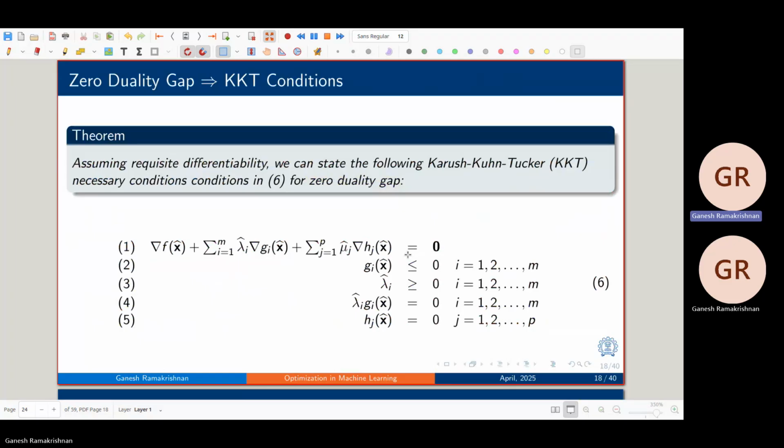So these are basically our Karush-Kuhn-Tucker conditions. For all i, Gi at x star should be less than or equal to 0. Obviously, the constraint should be satisfied. And for all j, Hj at x star should be equal to 0.